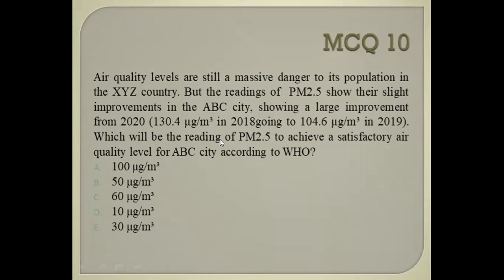What should be the reading of particulate matter 2.5 to achieve a satisfactory air quality level for ABC city according to WHO? 100 microgram, 50, 60, 10, or 30? D. Yes, the correct answer is D. WHO recommends that to achieve satisfactory air quality, particulate matter 2.5 should be 10 microgram per meter cube.